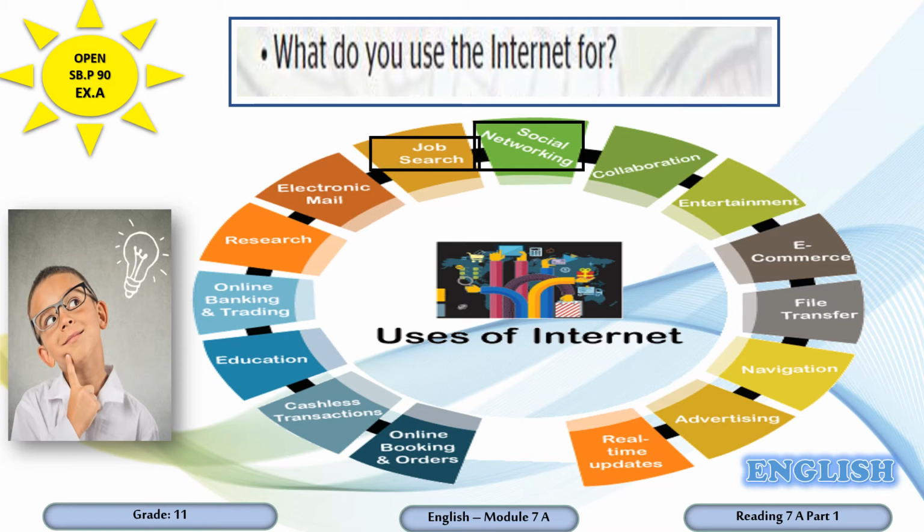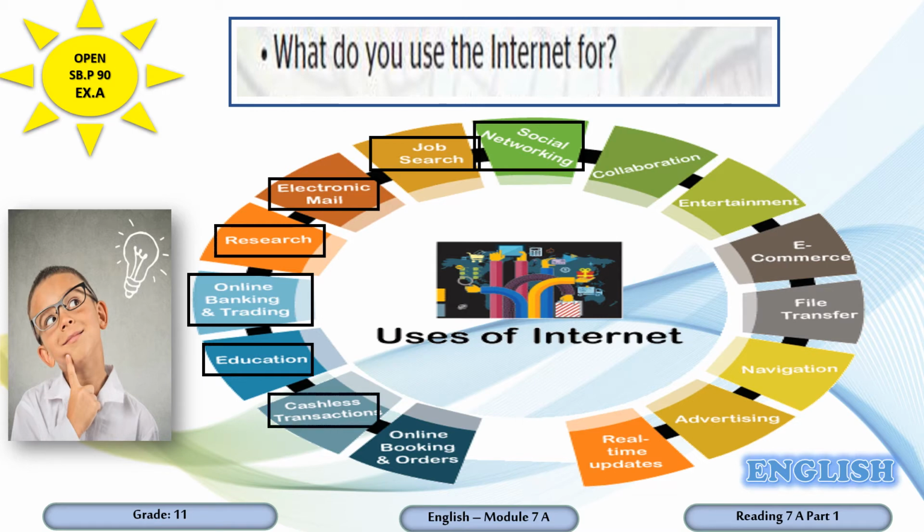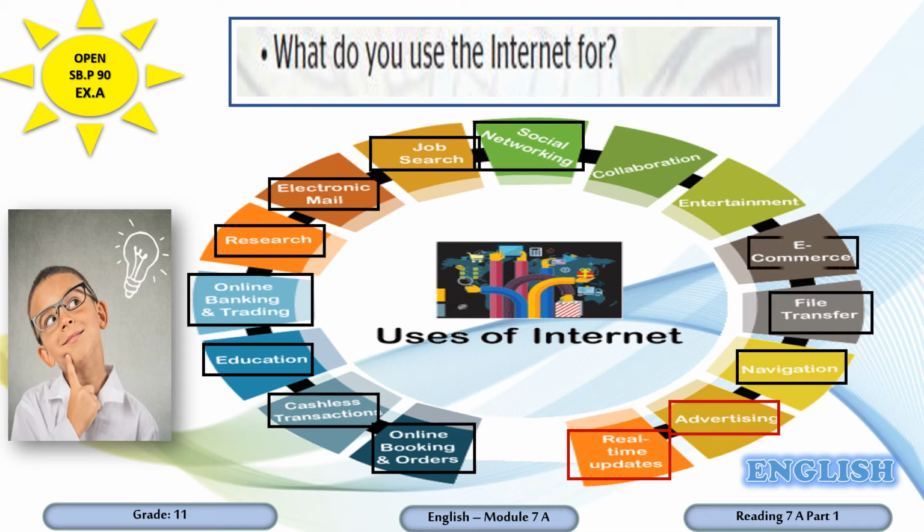We use it for job search, electronic mail, research, online banking, education, online and live classes, cashless transactions, online booking and orders, real-time updates, advertising, navigation, file transfer, e-commerce, entertainment, and collaboration. That's great.